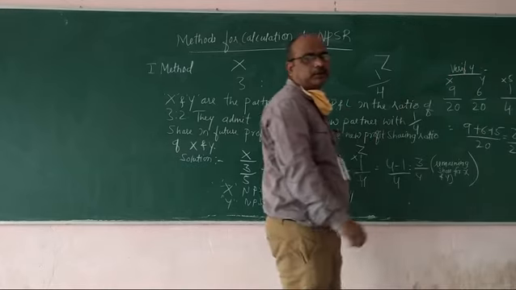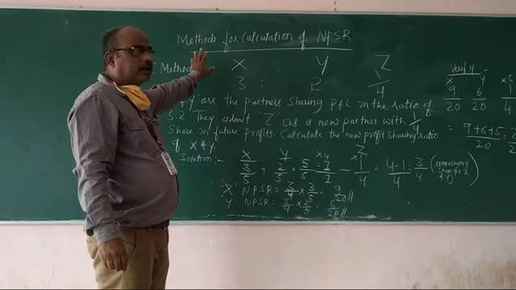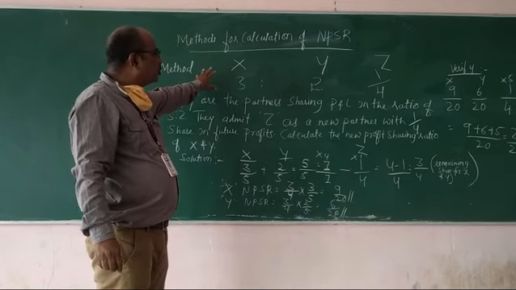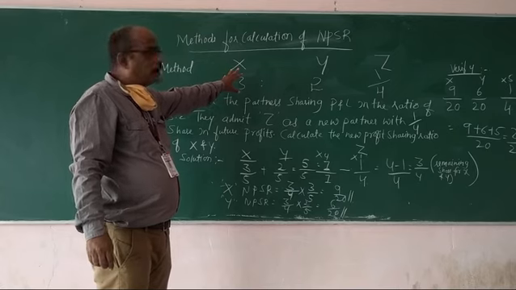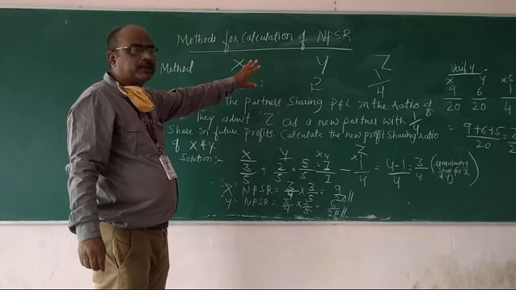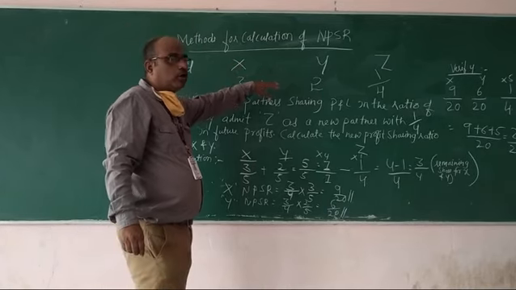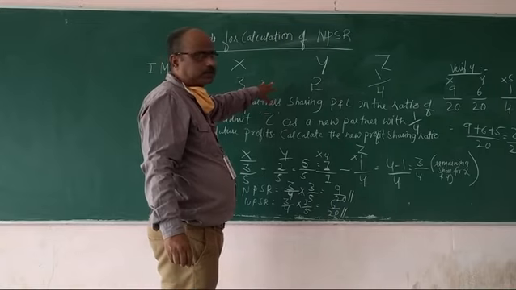So this is the first method for the calculation of new profit sharing ratio, and here it is very clear that the old ratio of the partners is given and the new ratio of the new partner is given, but it is not mentioned in the problem as to how we will obtain this ratio from the old partners.